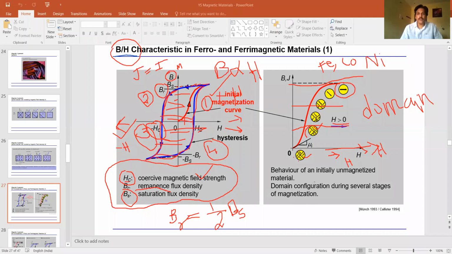This shows the behavior of initial unmagnetized material, and the domain configuration at several stages of magnetization. This is based on domain theory. You have to remember this one.